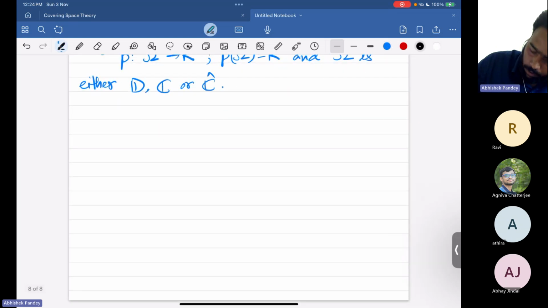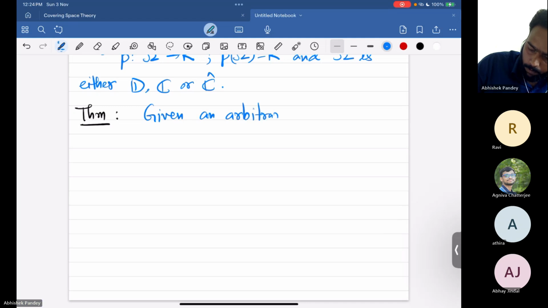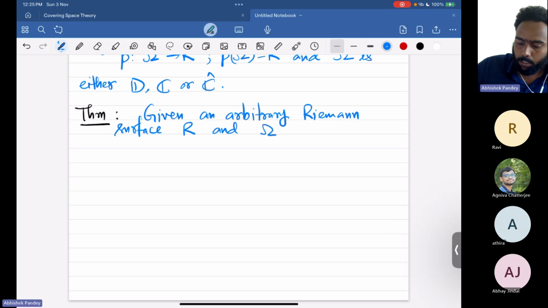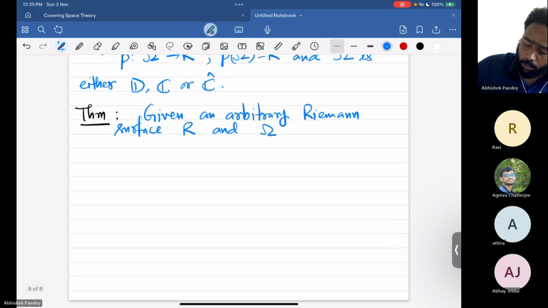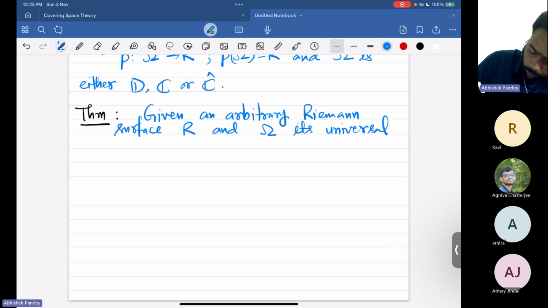Now we will see an important result. Given an arbitrary Riemann surface R and omega, where omega always denotes either D, C, or the extended complex plane, and its universal covering.